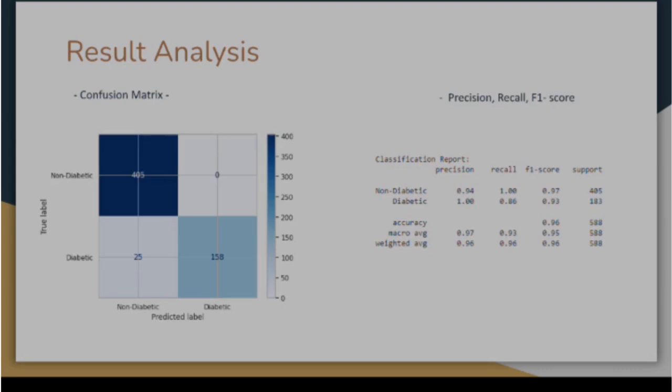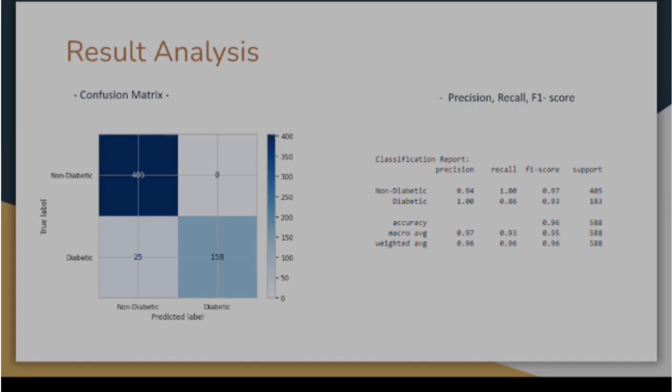This is important in medical diagnostics to ensure all diabetic patients are correctly diagnosed. And lastly, the F1 score balances the precision and recall, giving us a better measurement of overall performance. A strong F1 score indicates that the model efficiently identifies diabetic patients with fewer misclassifications.